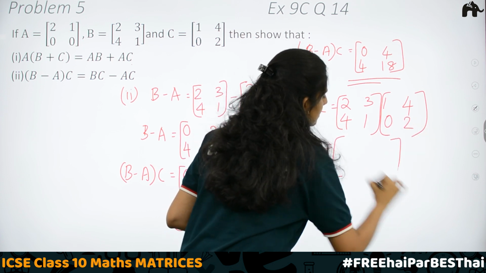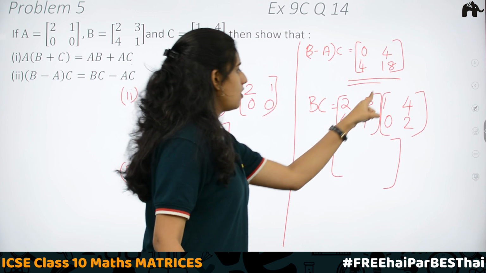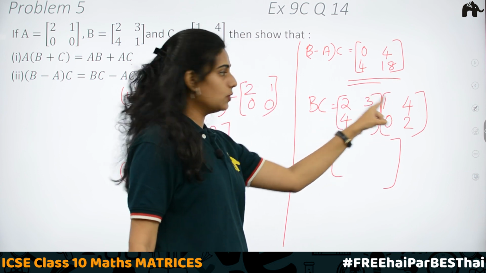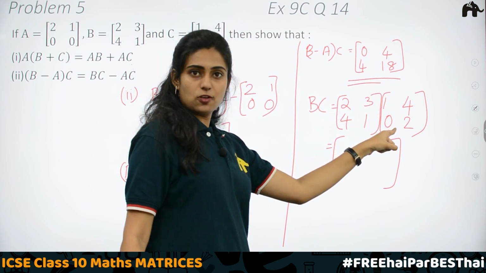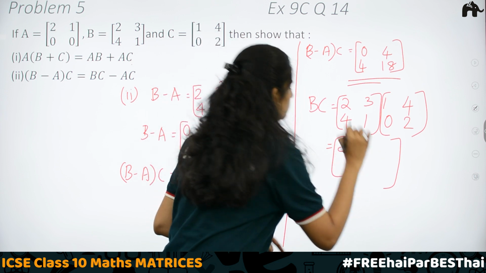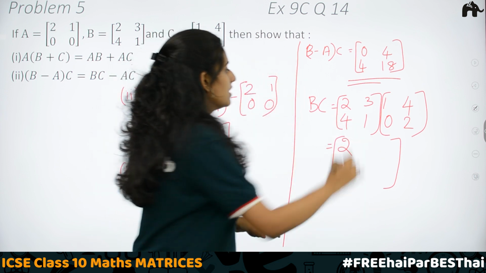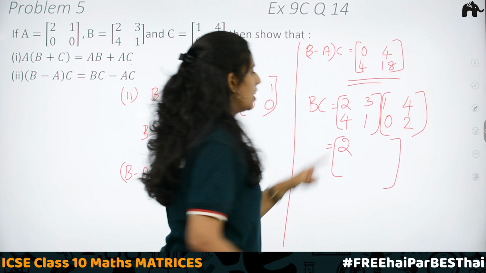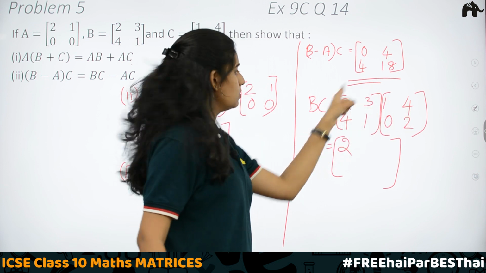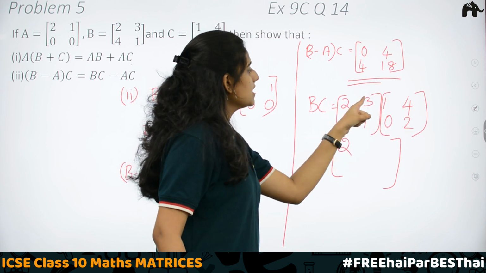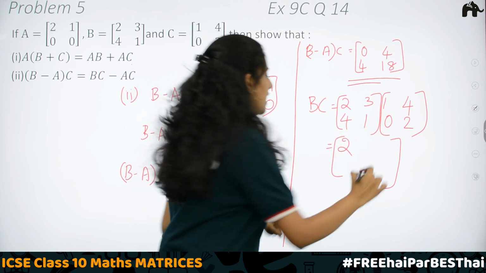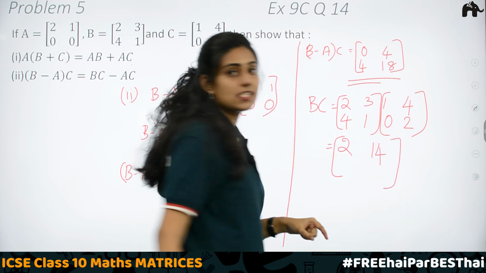Multiplying, first element, first row, first column: 2 into 1, 2, plus 3 into 0, 0. Here we get 2. Next element, first row, second column: 2 into 4, 8, plus 3 into 2, 6. That is 14. 8 plus 6, 14.